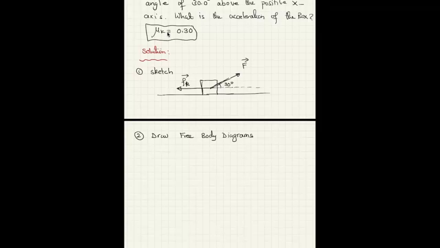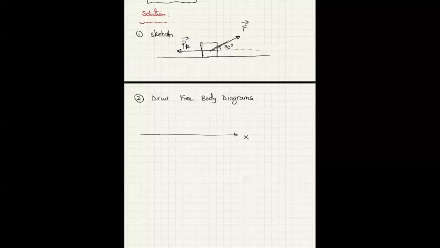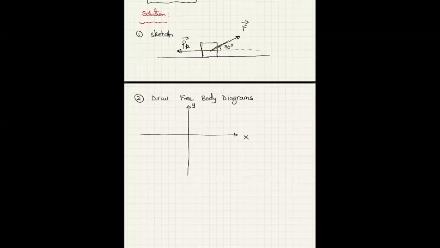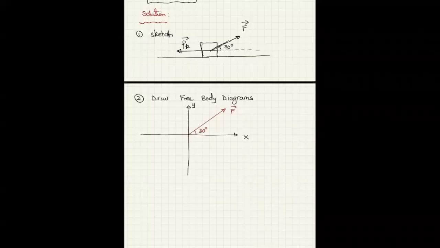And here I will say the following. My axis here. This is my X. This is my Y. I have here one of the forces, which is that force F. This is 30 degrees.